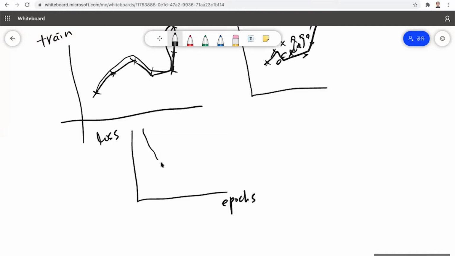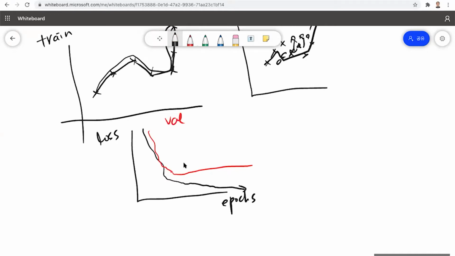Your training loss is always trying to go down, but your validation loss, at first, goes down together with the training loss, but at some point in time it will not go down anymore. But still the pure loss is going down.